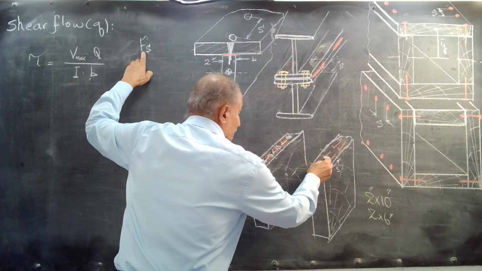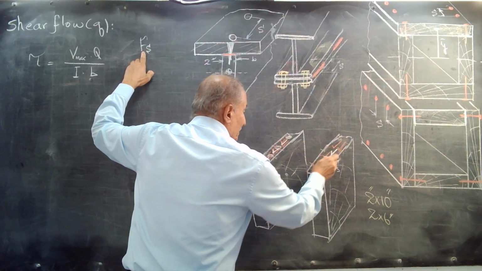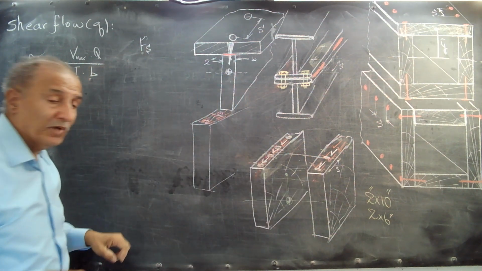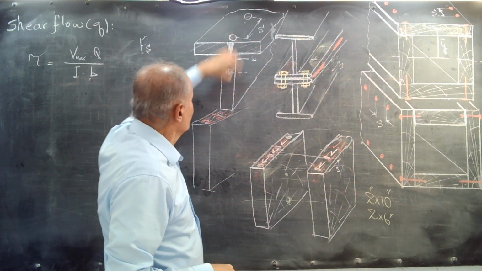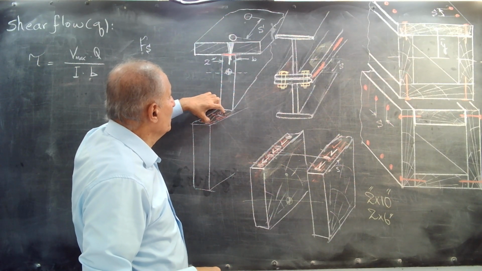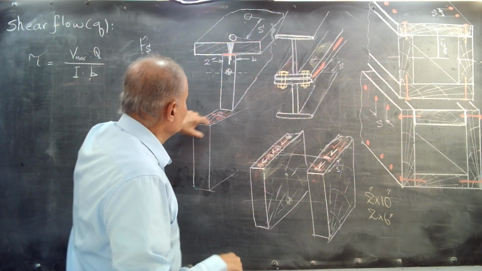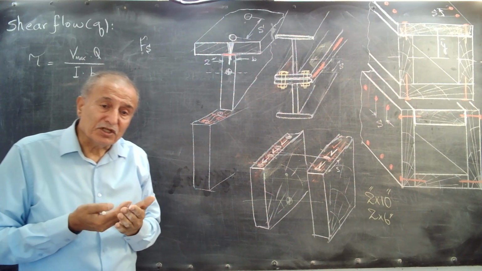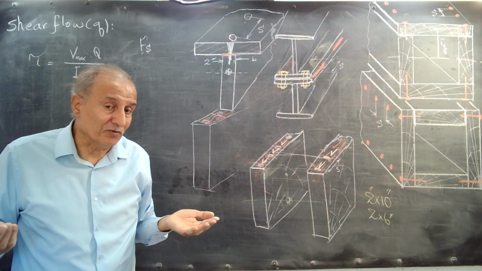All this force and this force is taken by these 2 nails, and this force and this force by these 2 nails. Then the number is important. Here, this tau is taken by this nail. The resultant is a force, but we must get rid of the thickness.